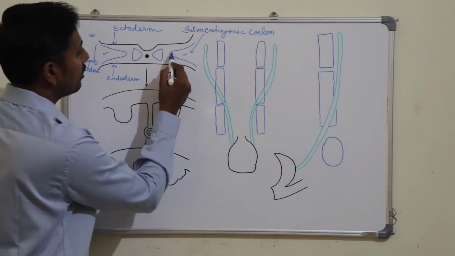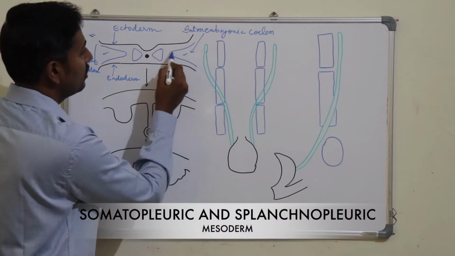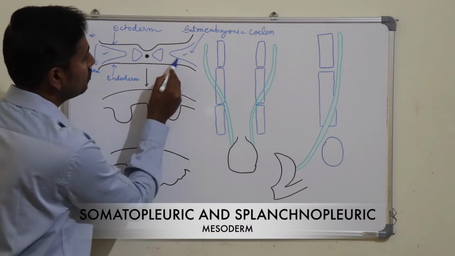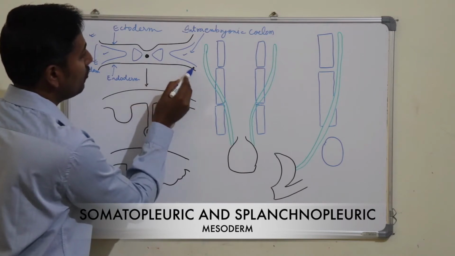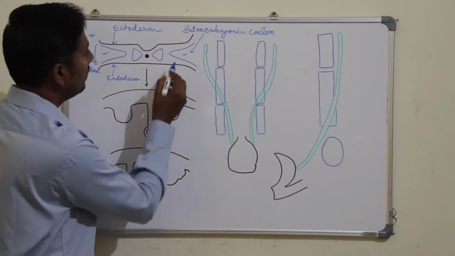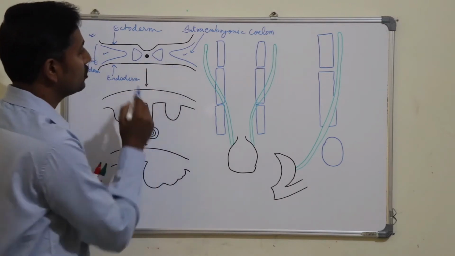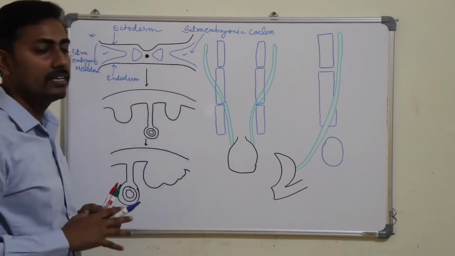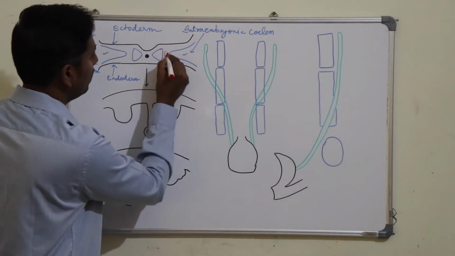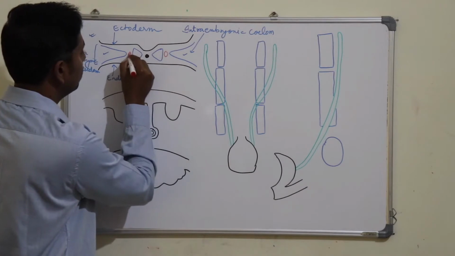This layer of the lateral plate mesoderm is known as somatopleuric mesoderm, and this layer is known as splanchnopleuric mesoderm. Between the lateral plate mesoderm and the paraaxial mesoderm lies the intermediate mesoderm. So here is the location of the intermediate mesoderm.